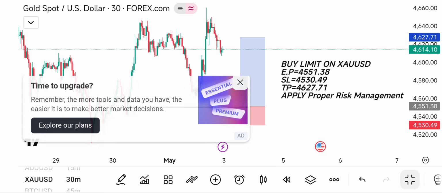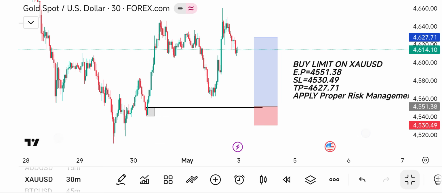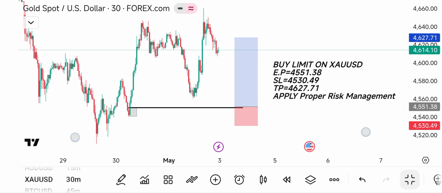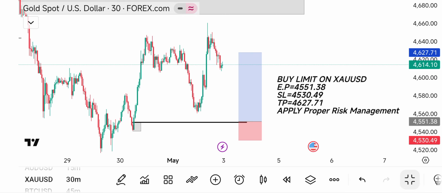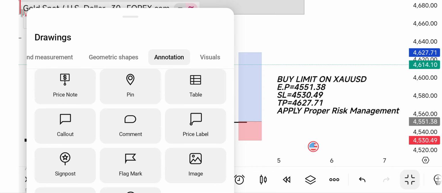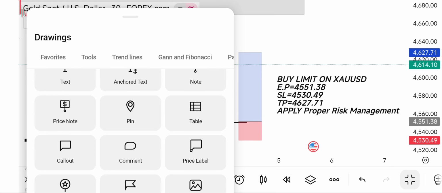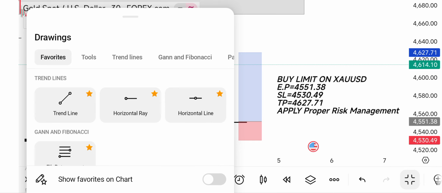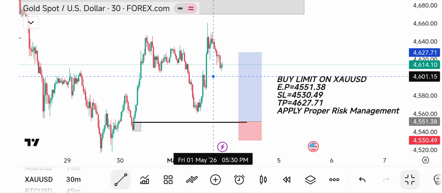So this is on XAUUSD. We are expecting to buy from this place.